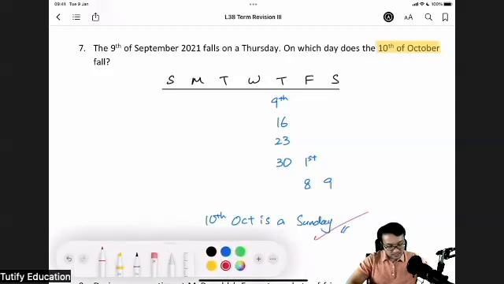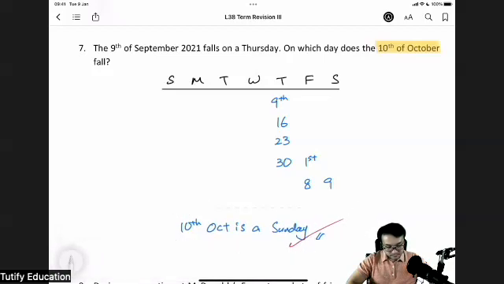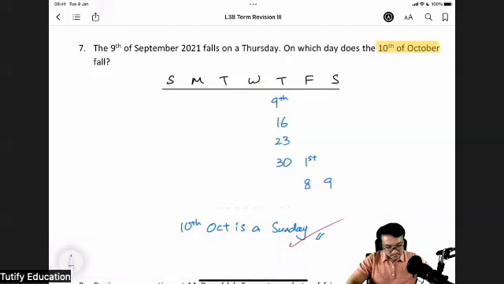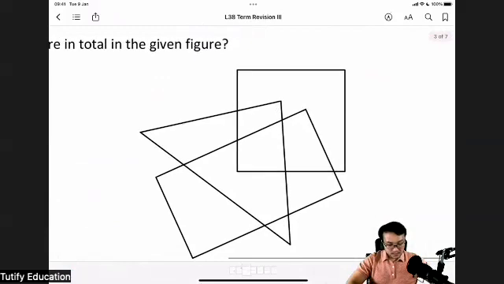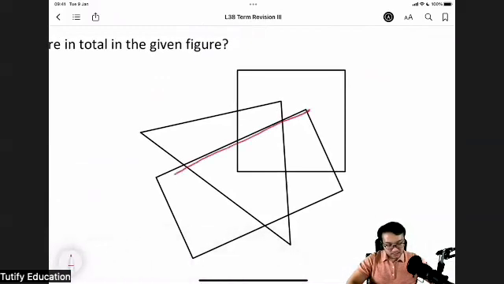Yes, I also have a question for the previous question. How are you meant to know that there are 5 different parts at maximum in the exam? Are you supposed to count it? Yes, you have to count. This is already the biggest shape that we have, which is a 4-sided figure.